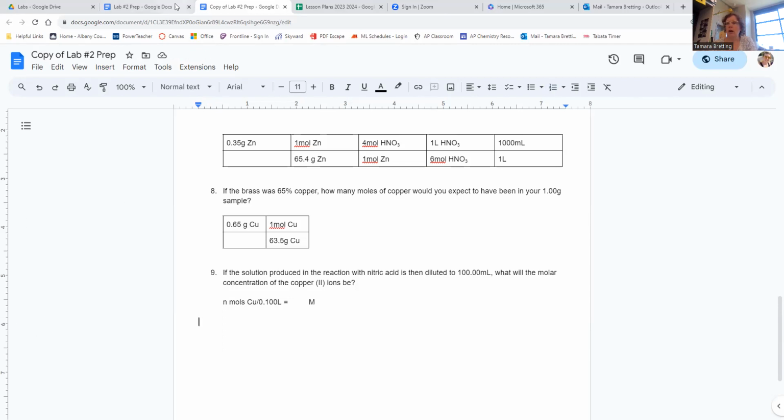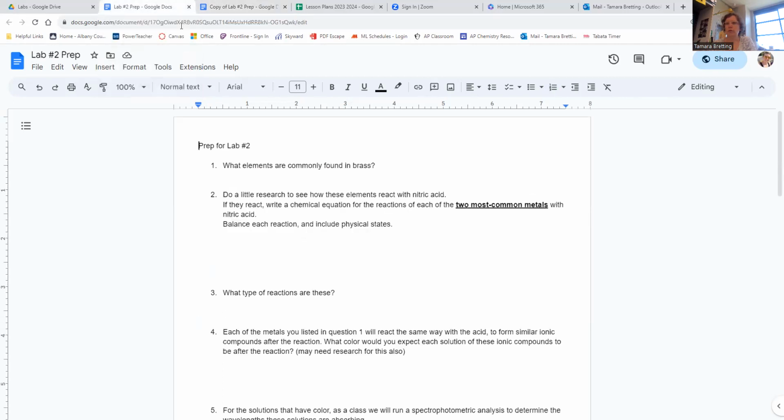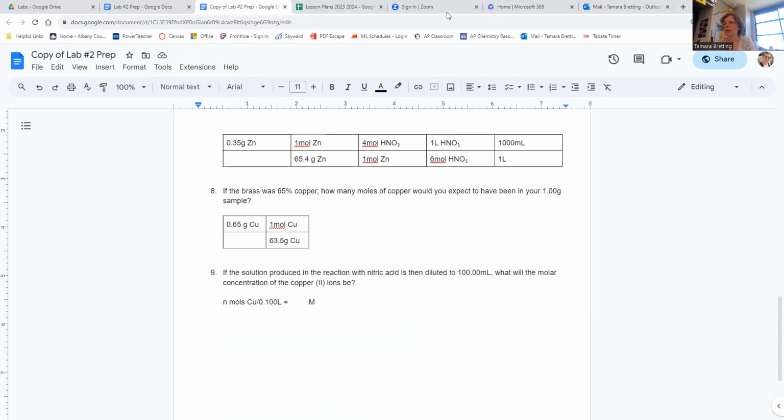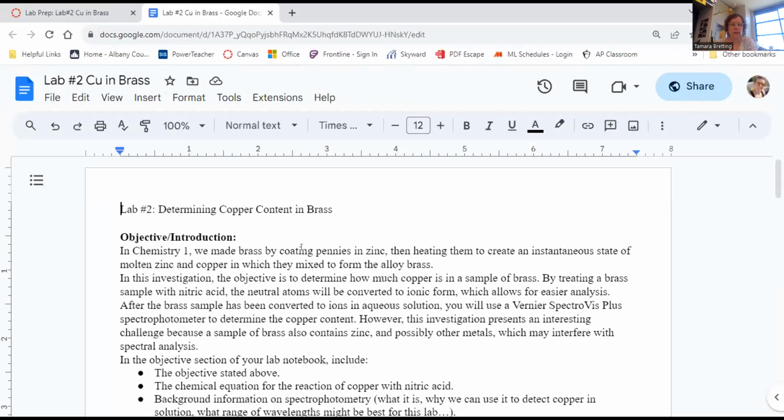And I'm going to just talk about the lab a little bit more so that you're prepared to do the lab. So that was our lab prep. Let me do a new share again. Okay, so you can see our objective. Again, what you're going to do is figure out the percent copper in a sample of brass.